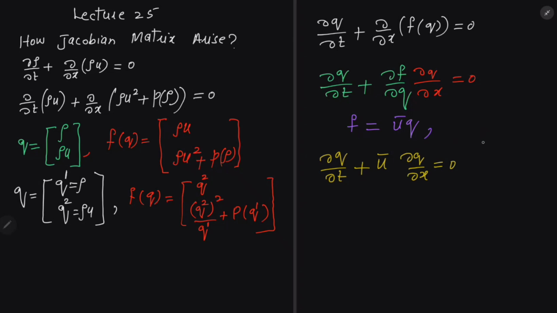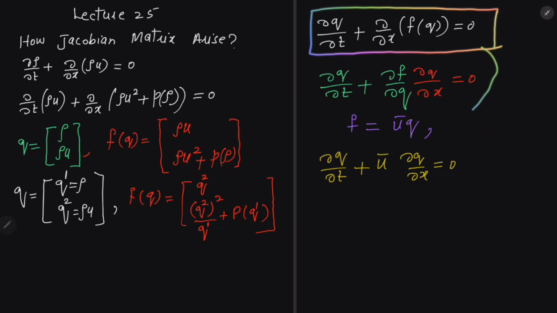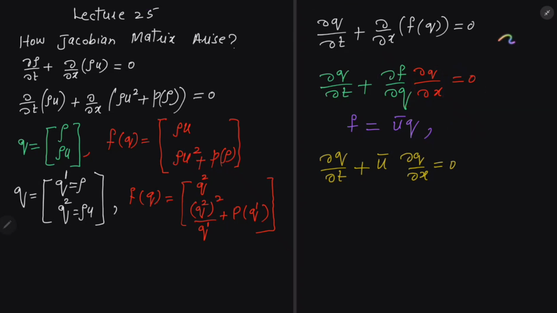That was the main motivation: you can reduce your general form of the equation to the advection equation by first considering the derivative of f with respect to q, then the derivative of q with respect to x, and you get the same answer. Remember that q, I repeat, is a scalar quantity.